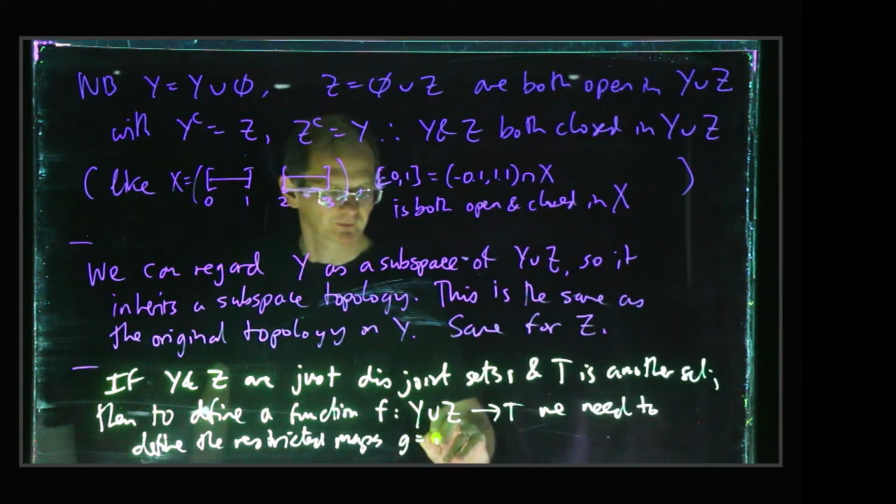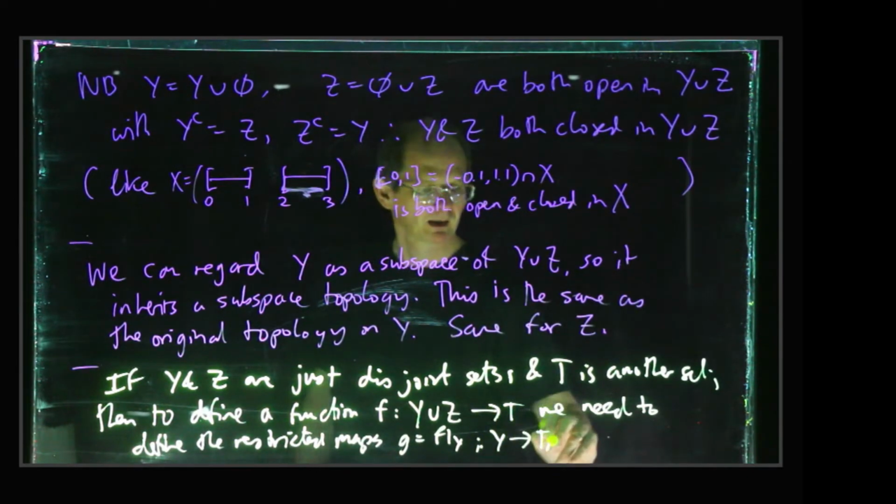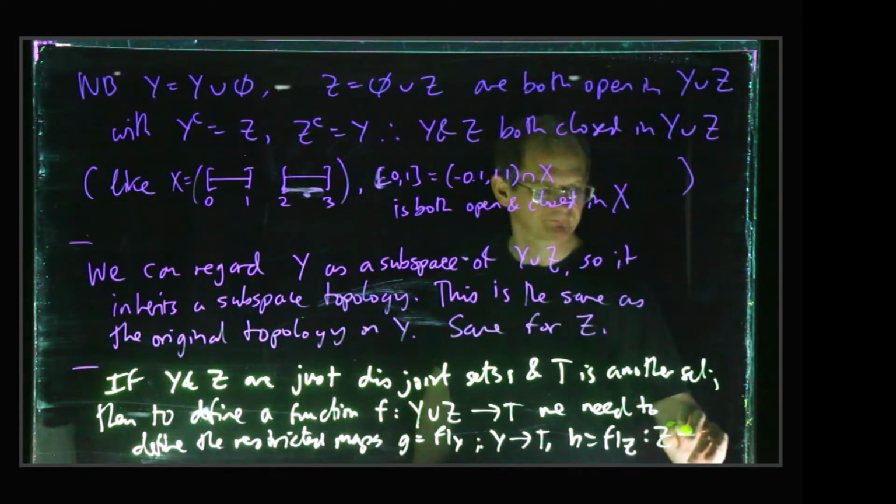G is going to be f restricted to Y, so that's a function from Y to T, and H is f restricted to Z, that's a function from Z to T.